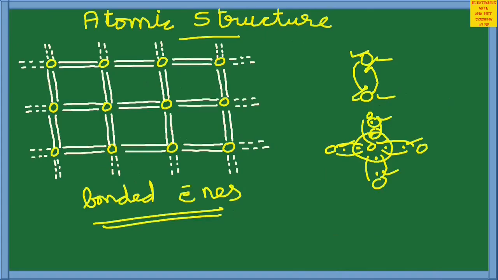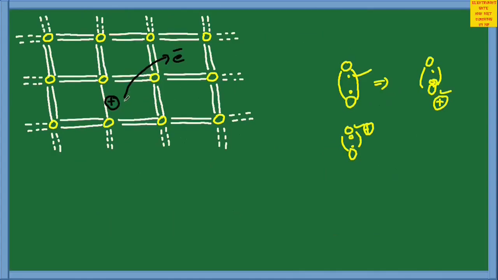Now in the previous slide we mentioned that the electrons that are shared in bonds are called bonded electrons. Now here we have another type of electron. The electrons that become free by breaking the bonds are called free electrons. As we said earlier, the electrons need much more energy to break the bonds. So these free electrons have larger energy compared to the bonded electrons. And since these free electrons are not bonded, there is no bonding force on these free electrons.